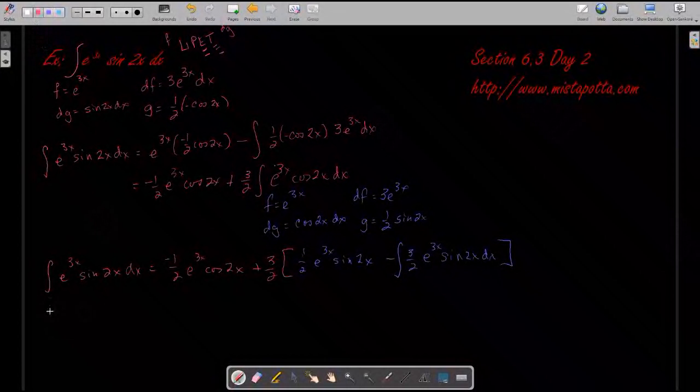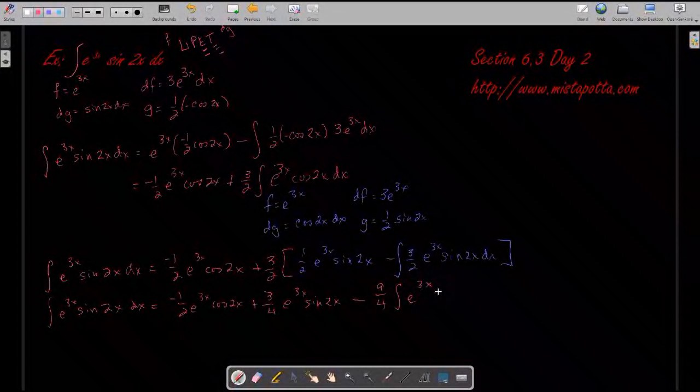The idea is that my integral of e to the 3x times sine 2x dx is equal to negative 1/2 e to the 3x cosine 2x plus 3/2 times 1/2 is 3/4 e to the 3x sine 2x minus 3/2 times 3/2 is 9/4 times the integral of e to the 3x sine 2x dx.